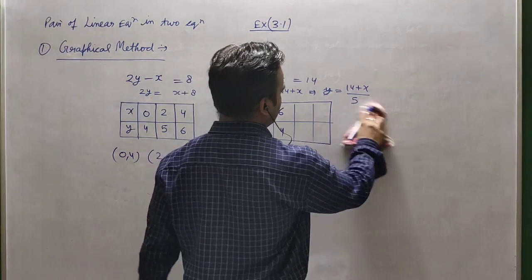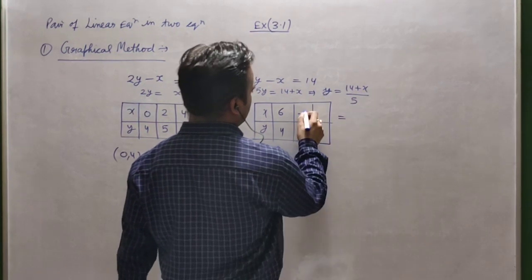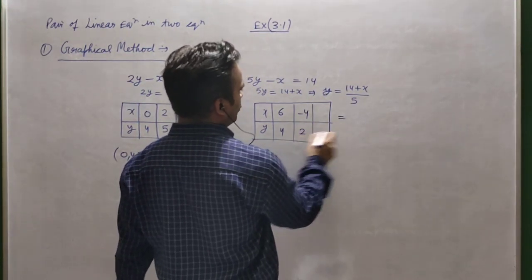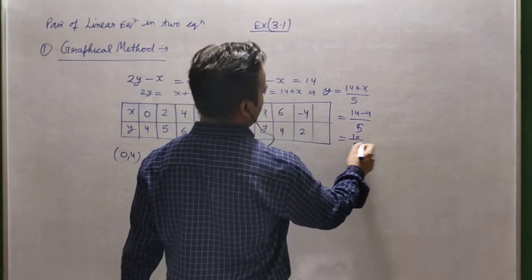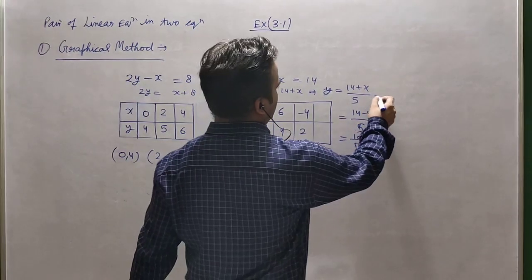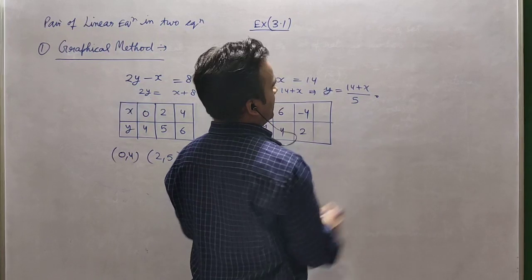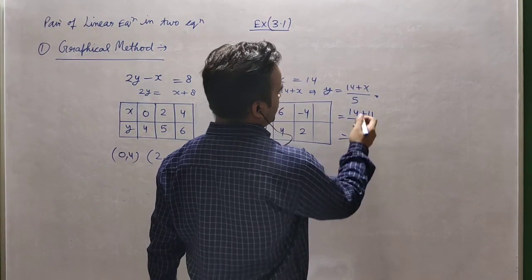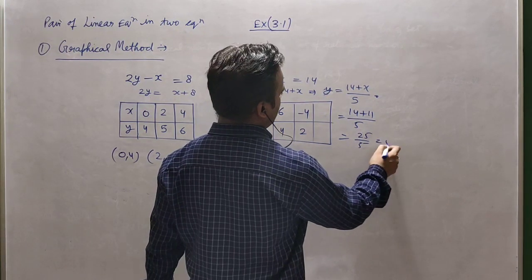Then any other, we can put minus 4. So minus 4 will give you 2, because 14 minus 4 is 10 upon 5, and you will get 2. I think 2 points are enough, or you can take one more point here. Suppose you take 11, so it will be 25, and you will get 5.